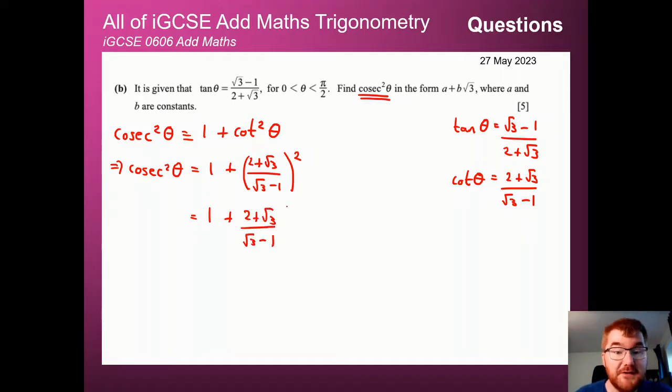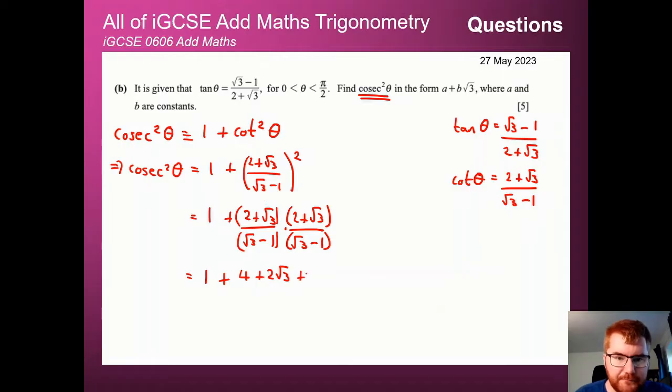So we're going to do lots of working with surds in this particular question, which is not unusual on Add Maths as well, so really get up to speed with how to do this. Now, if we times the tops here, we get 4 plus 2 root 3. So make sure you're thinking about this in terms of double brackets, multiplying everything by everything. So 4, 2 root 3, 2 root 3, and then root 3 times root 3 is just 3.